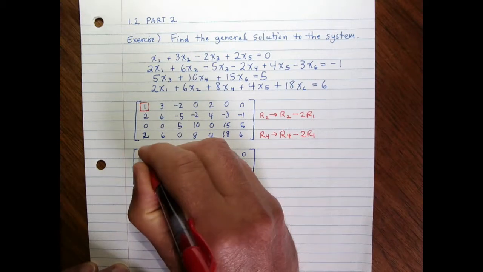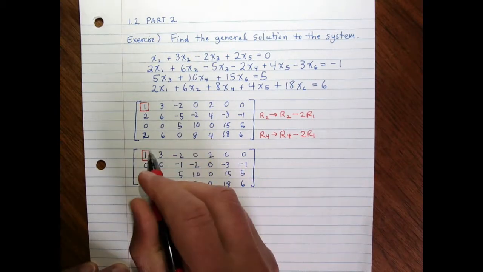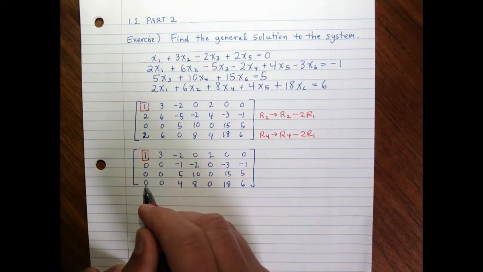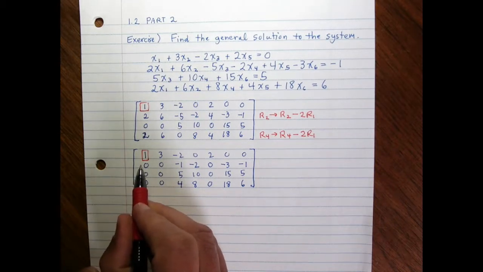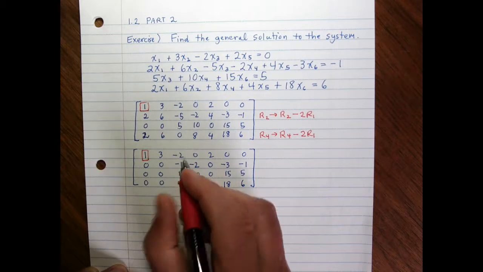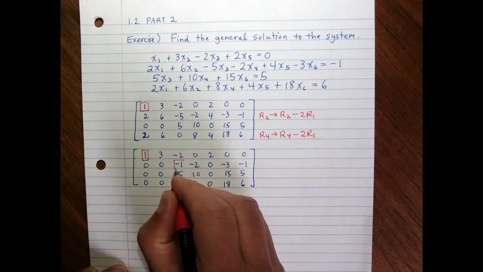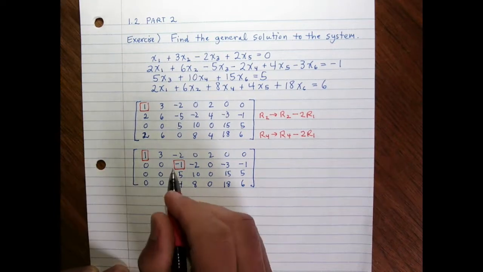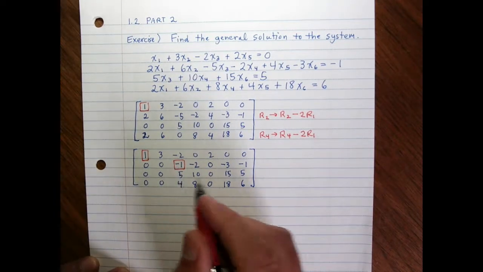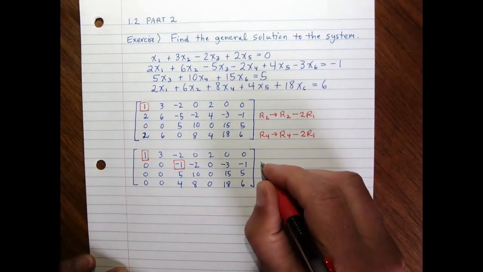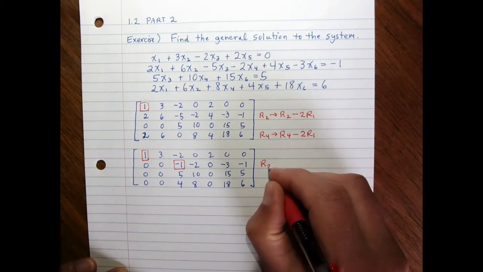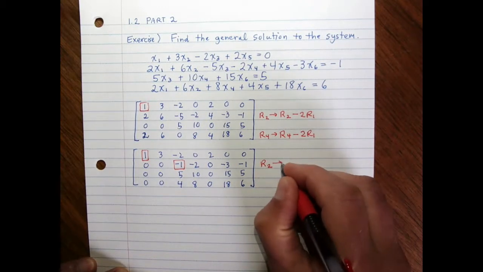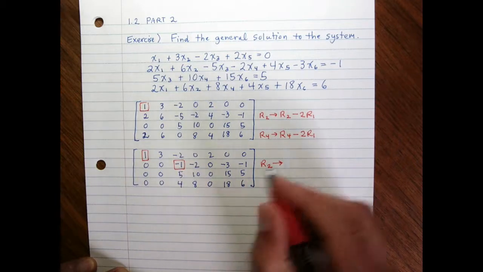My first column now is set up as a pivot column, 1 on top, 0s below. I look at the second row now, and I move left to right until I get to a non-zero entry. That's this -1. That's going to be my pivot position. And so I want to change row 2 by just multiplying by -1 to change it to a +1.